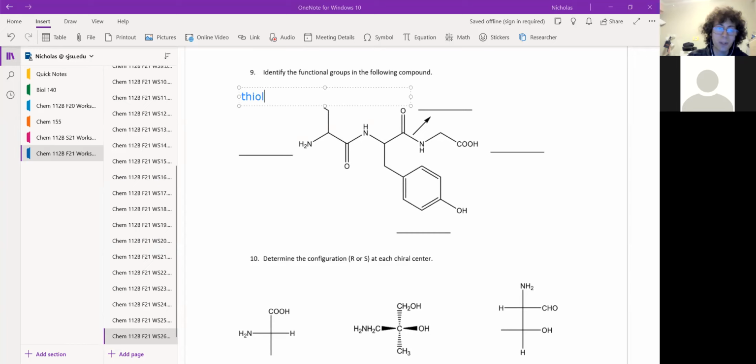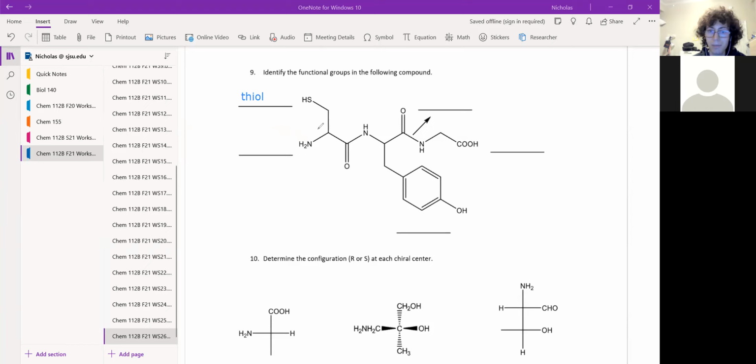Oh, you could call it a mercapto too. I'm assuming both answers would be accepted. It's similar to alcohol versus hydroxy. You use hydroxy if it's a substituent. You use alcohol if it's the parent chain. So yeah, I think either would be accepted.